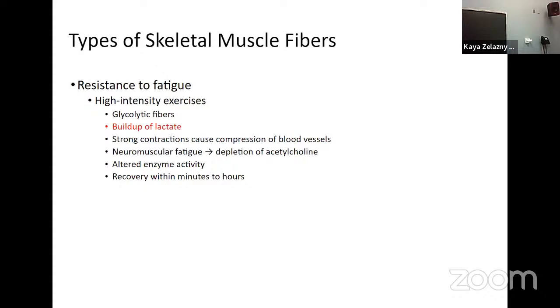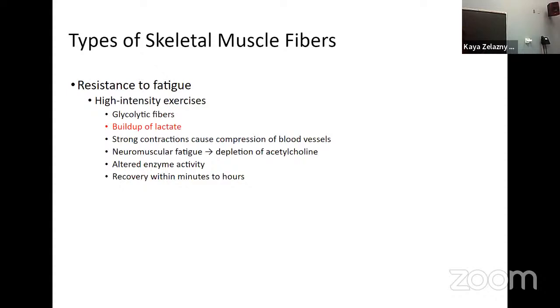In really extreme cases, with high intensity activity, you can undergo something called neuromuscular fatigue. So that's actually coming from the nerve itself. It's basically that you're running out of neurotransmitter. So acetylcholine is our neurotransmitter going to skeletal muscle through our somatic nervous system.